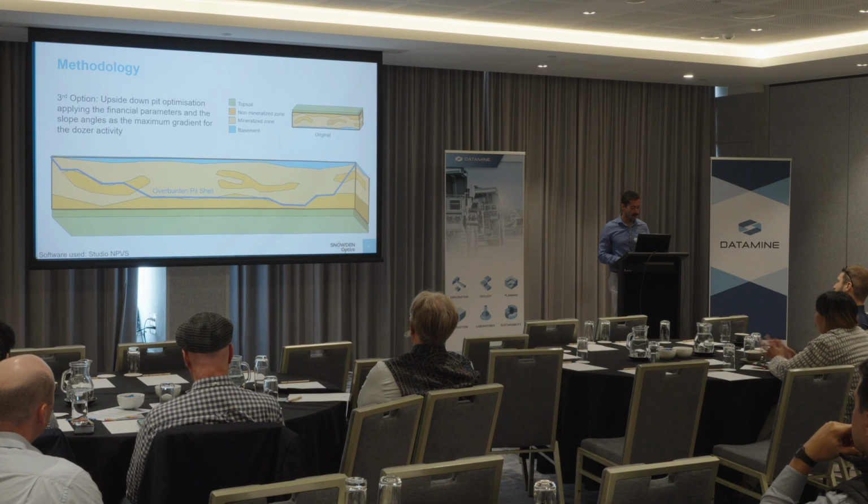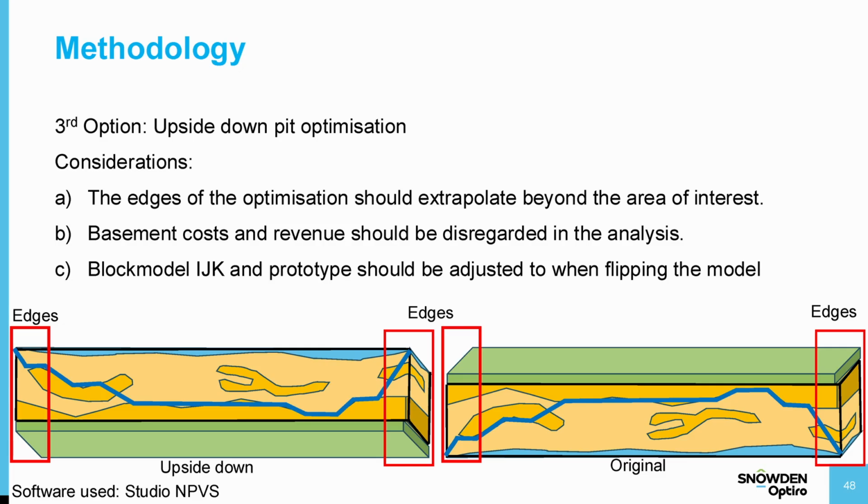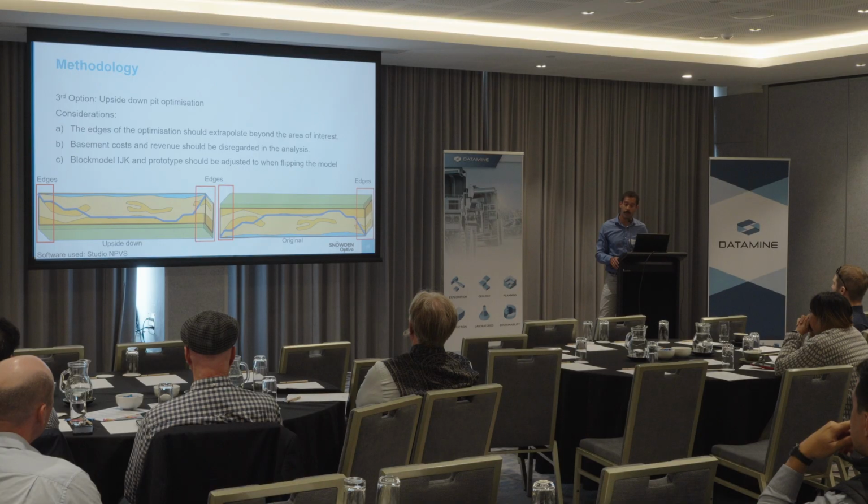However, we have some considerations. When I'm using this upside down optimization, we first need to disregard the basement cost, because we don't want the basement to impact the optimization. So we need to disregard the base and consider it an air box.